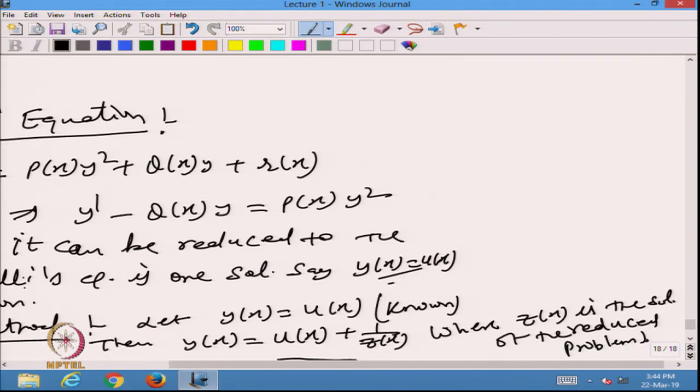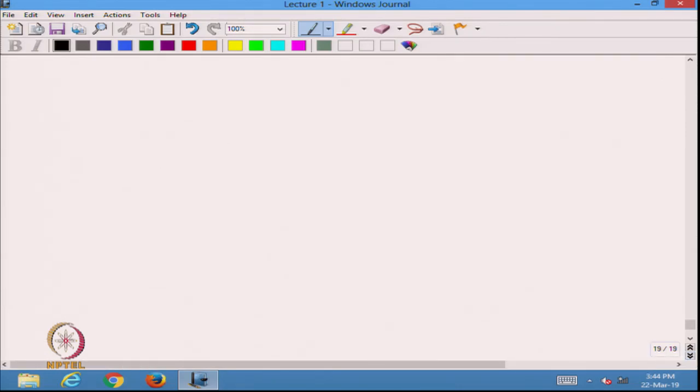Now I will use this transformation to solve this equation.